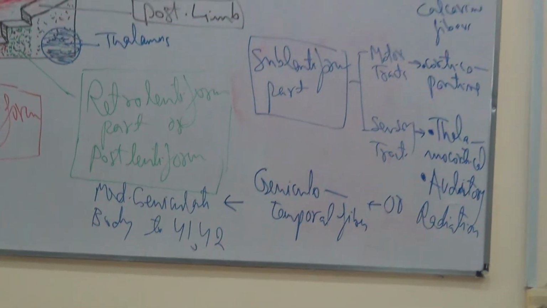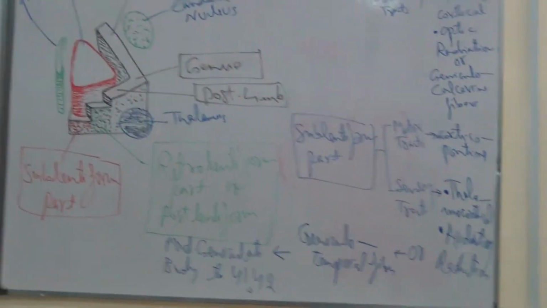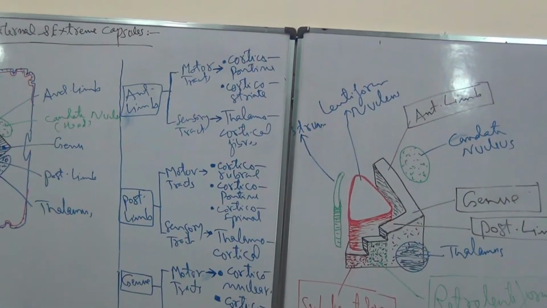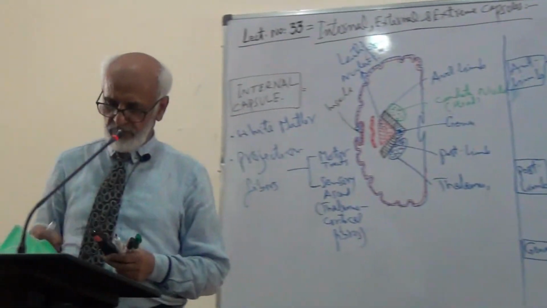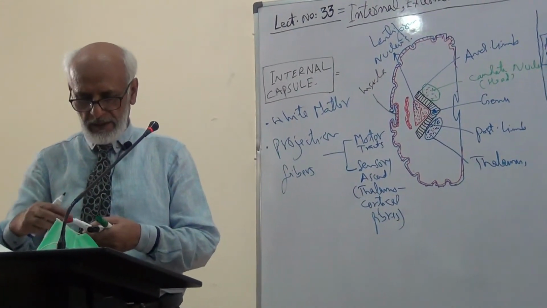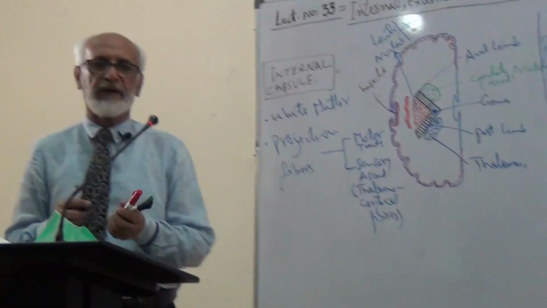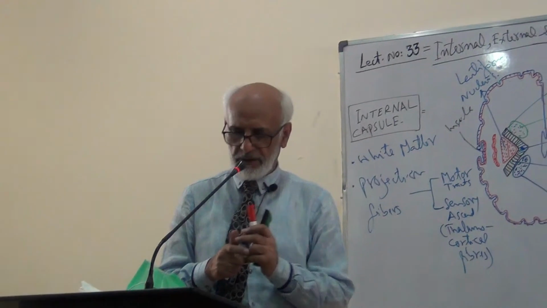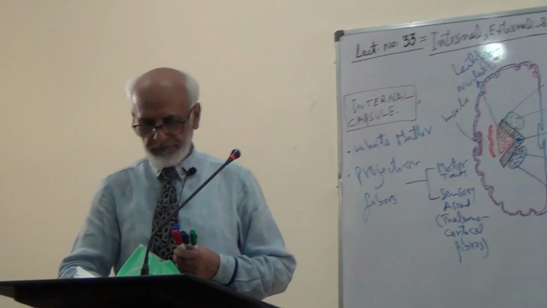So these are details about different ascending and descending tracts passing through the anterior limb, posterior limb, genu, retrolentiform and sublentiform parts of the internal capsule.